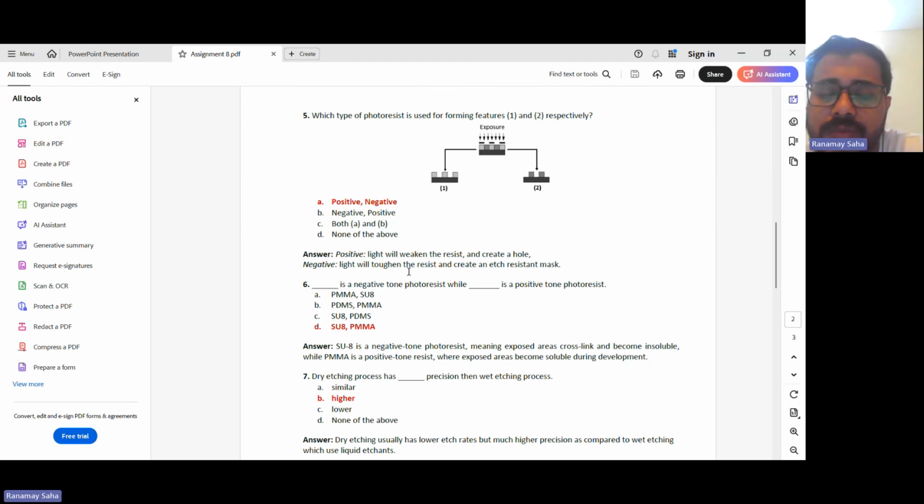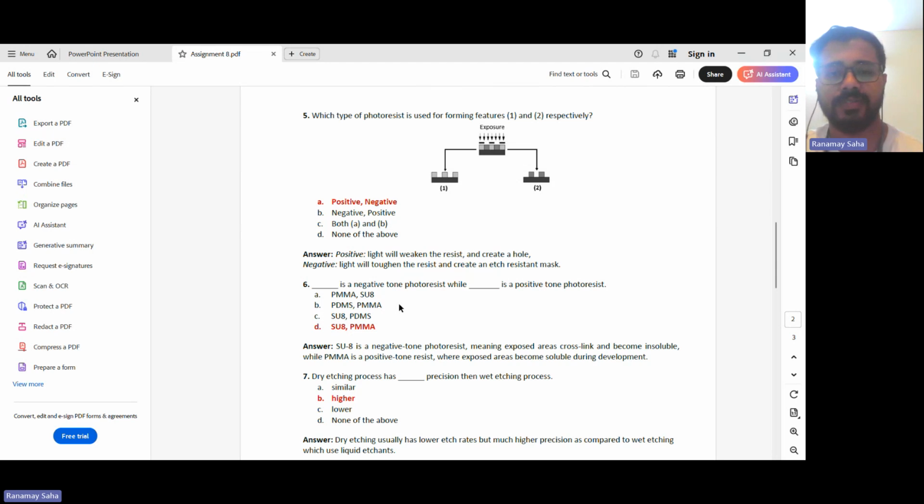In the first case, you can see the exposed areas are being washed away after the developing process. So that means there is cross linking happening in the unexposed areas. So that you know is an indication of a positive photolithography process. And the second case is the reverse one, which is a negative photolithography process.